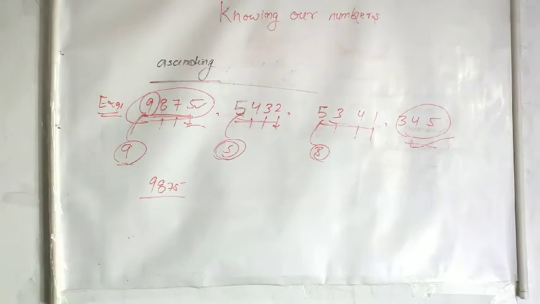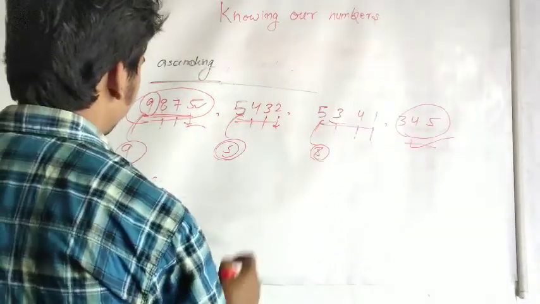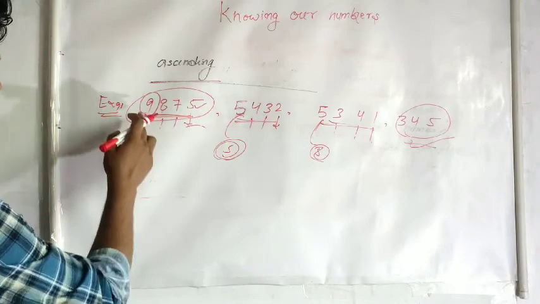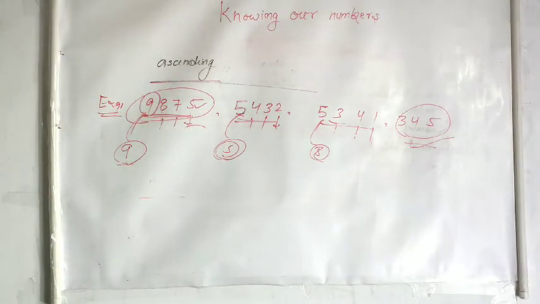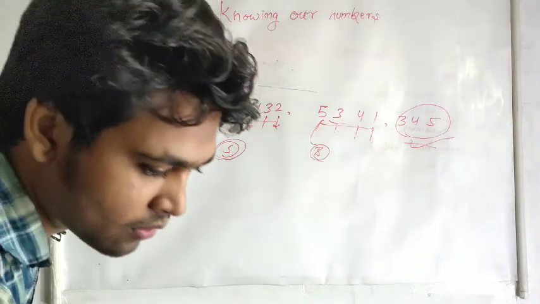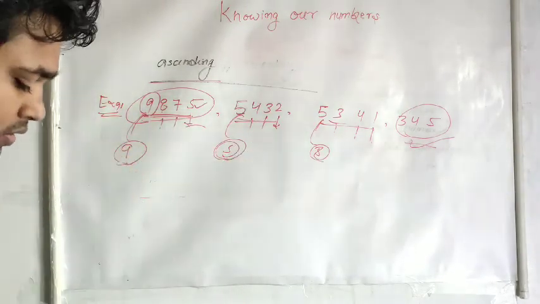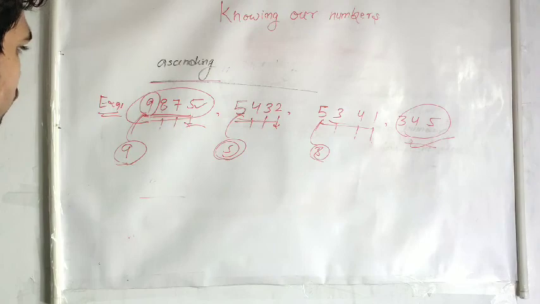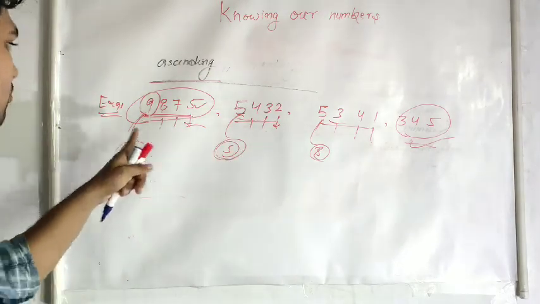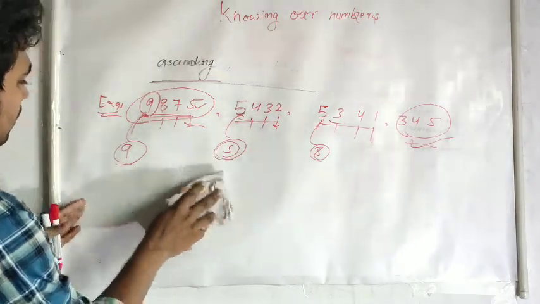Again we find that 345 would be the smallest number and 9875 would be the greatest number. The second method is very easy, so you may follow the second method that I have taught.